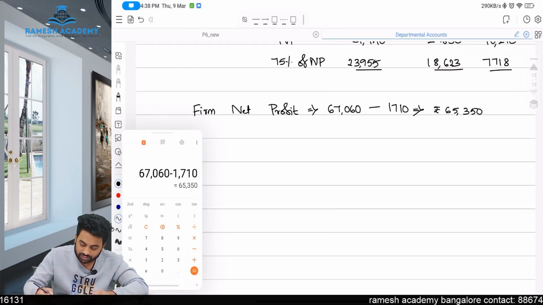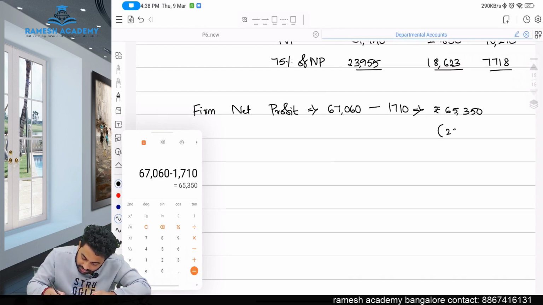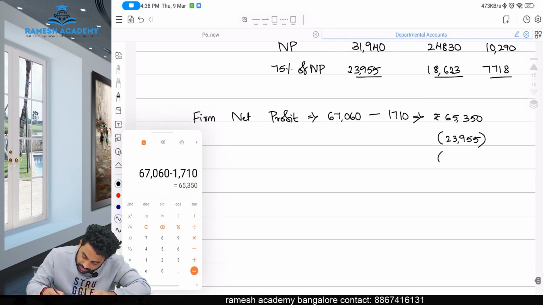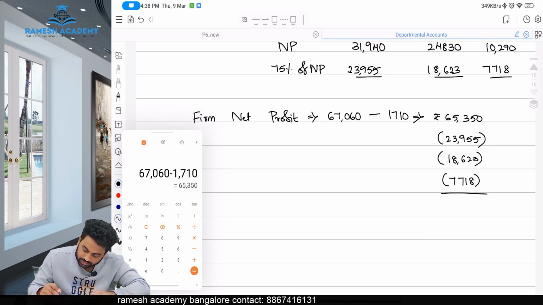Out of 65,350, 23,955 is taken over by B, 18,623 is taken over by C, 7,718 is taken over by D.